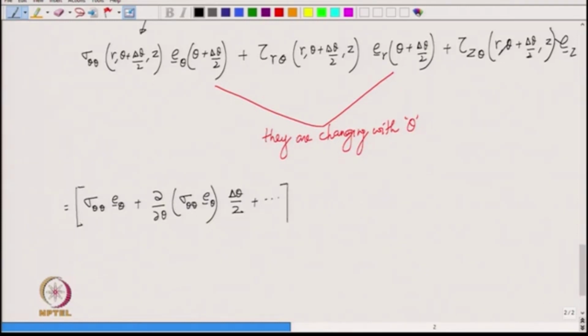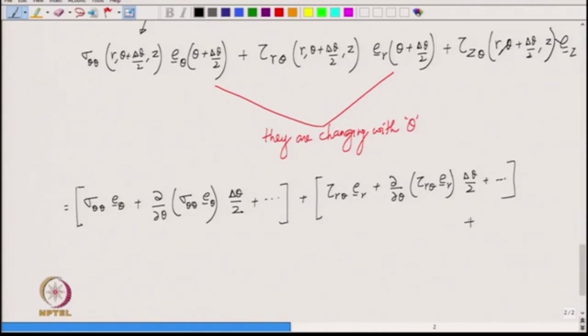Likewise, for the next one, we will have plus tau r theta into E r at the center of the cylindrical element plus del by del theta of tau r theta into E r times delta theta by 2, right, plus dot dot dot.